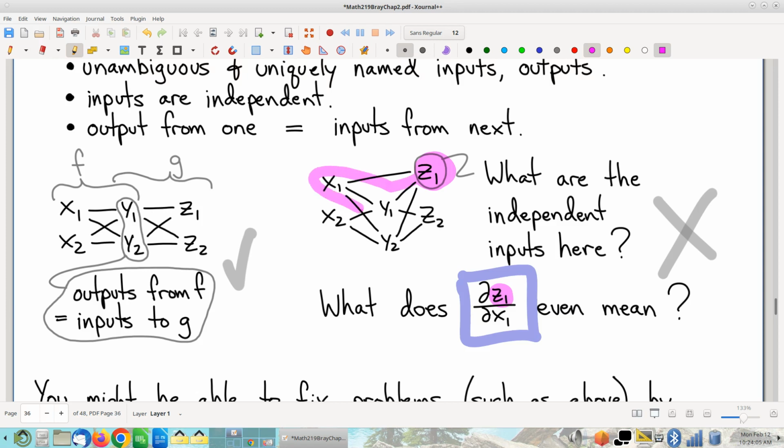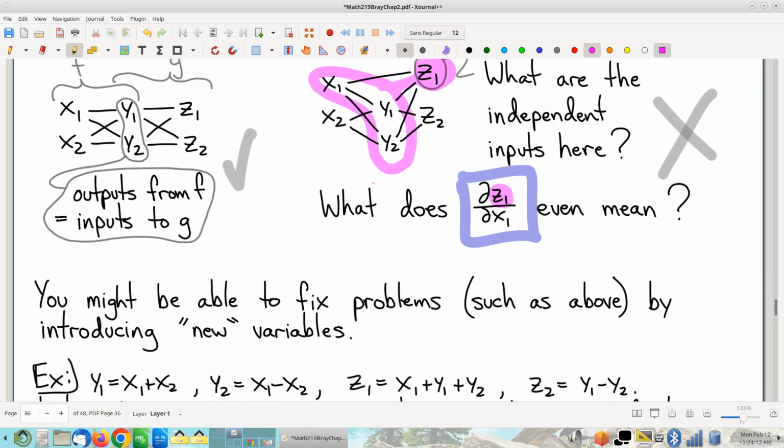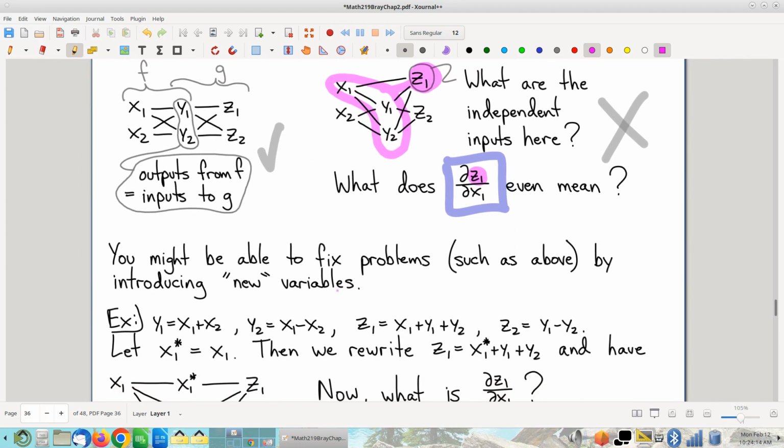I guess I could say that these are the variables that feed into it. So maybe, as in this example down here, we'll get to this example in a minute, z1 is to be thought of as a function of x1, y1, and y2. That's okay. There's nothing implausible about that.